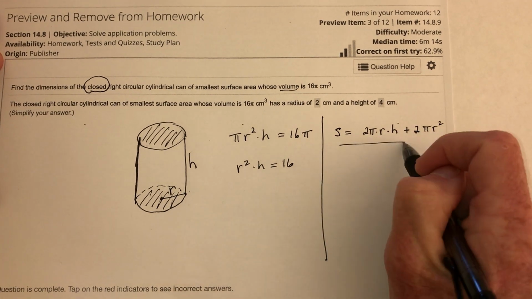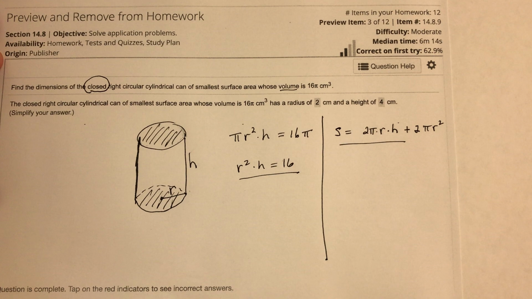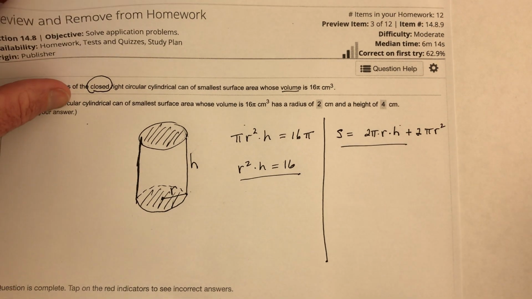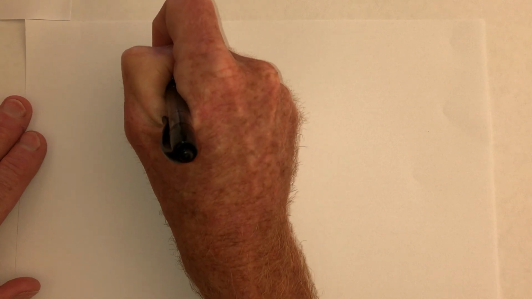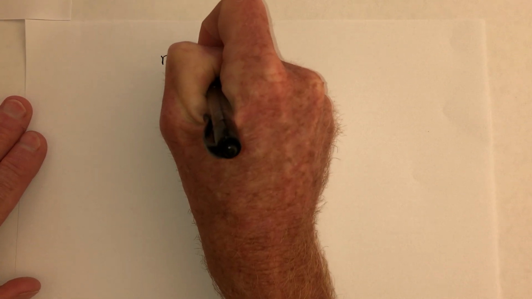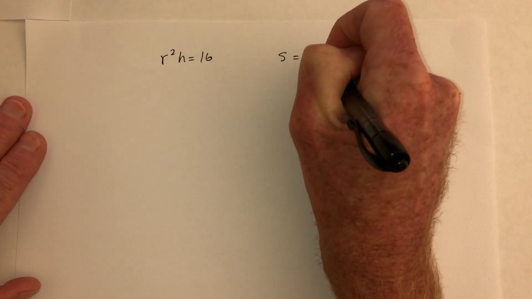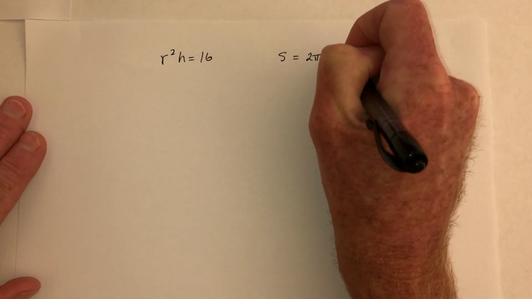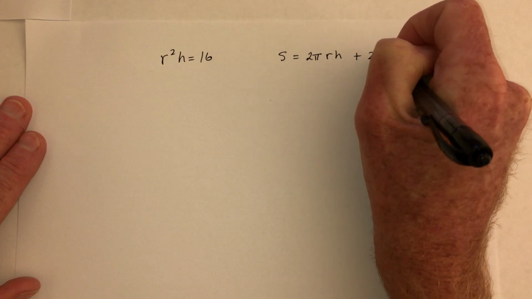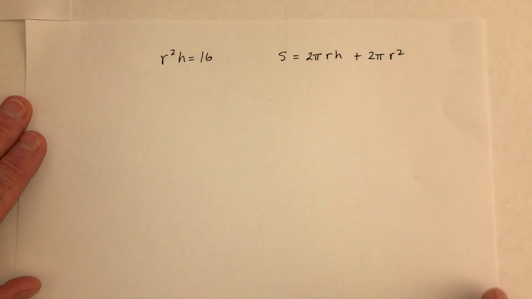All right, so there are the 2 equations. Let me switch over. So I've got r squared h equals 16, and I've got the surface area is 2 pi r h plus 2 pi r squared.